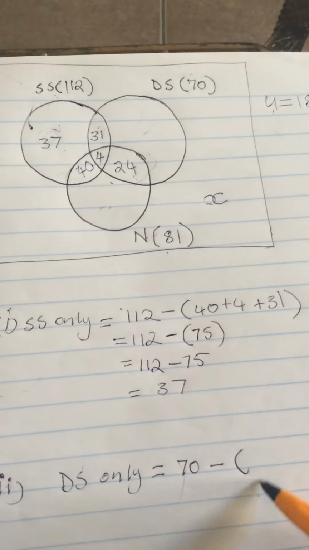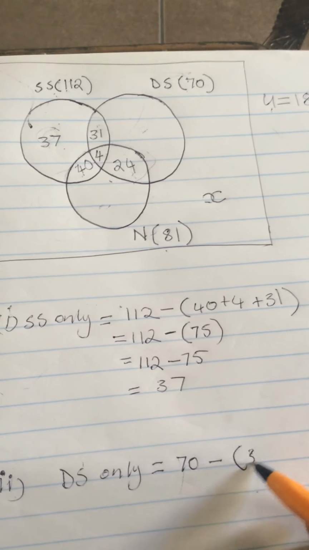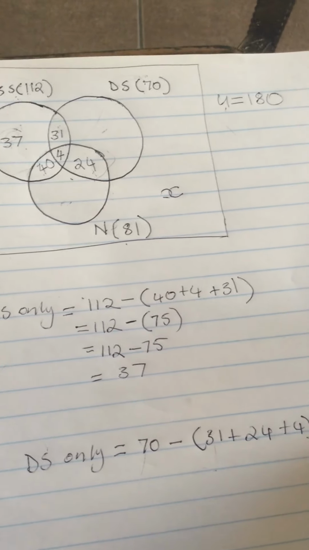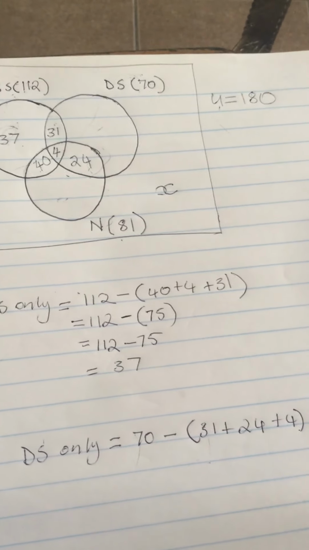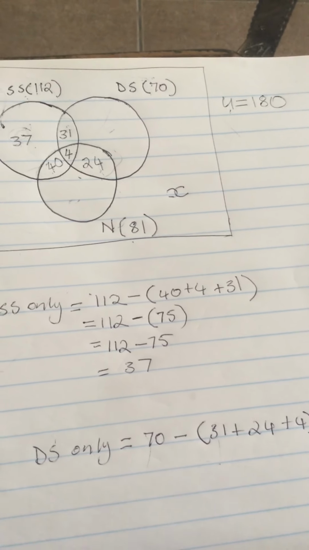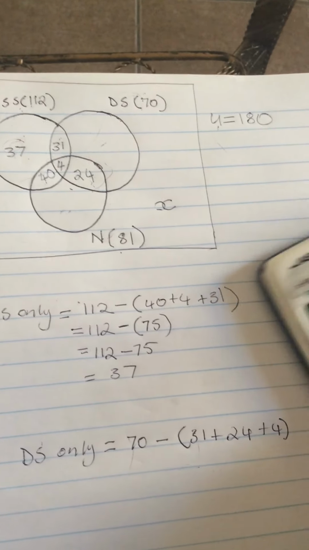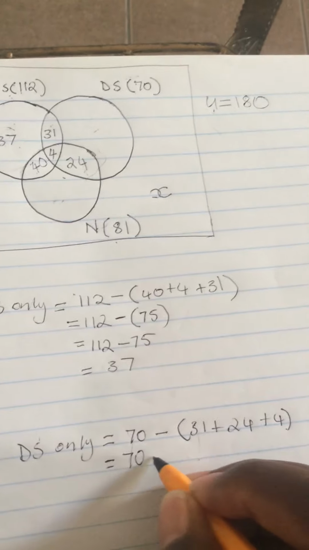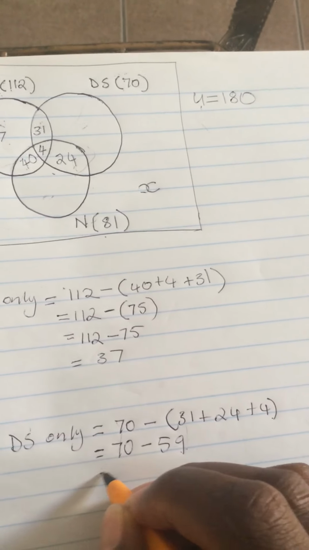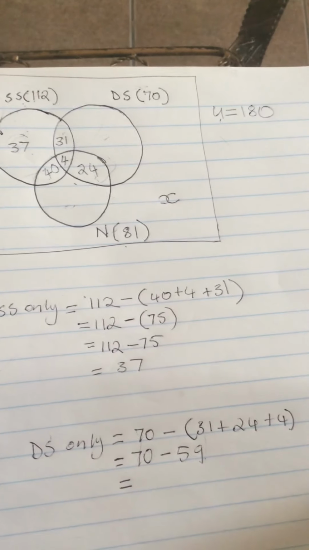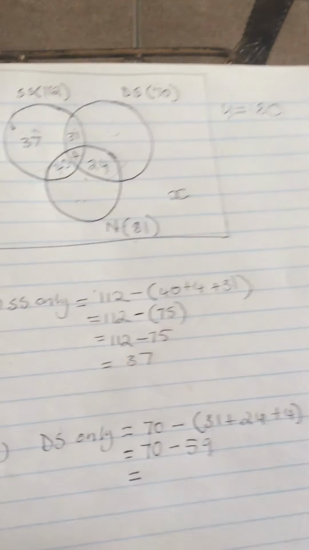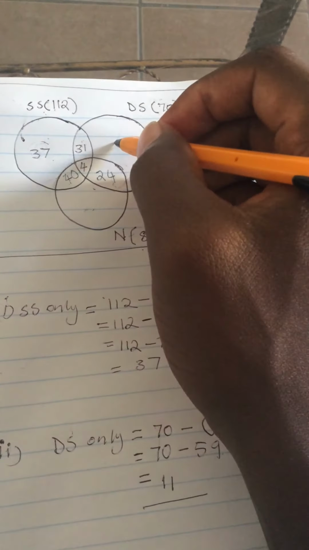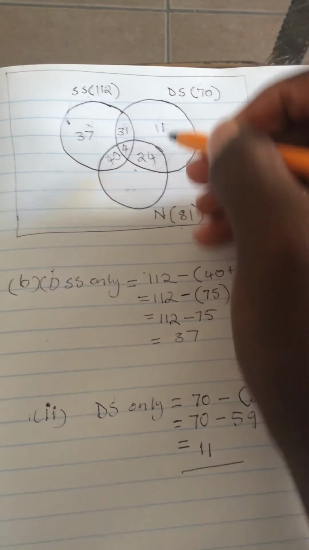That is 31 plus 24 plus 4. 24 plus 4 is 28. 28 plus 31 equals 59. 70 minus 59, that is 11. So 11 students take developing software only.